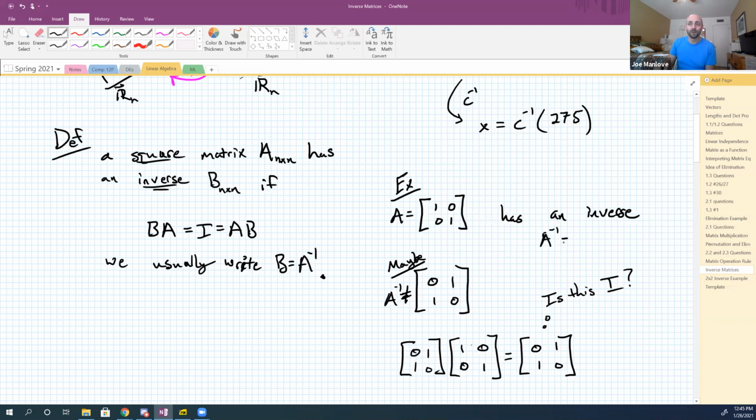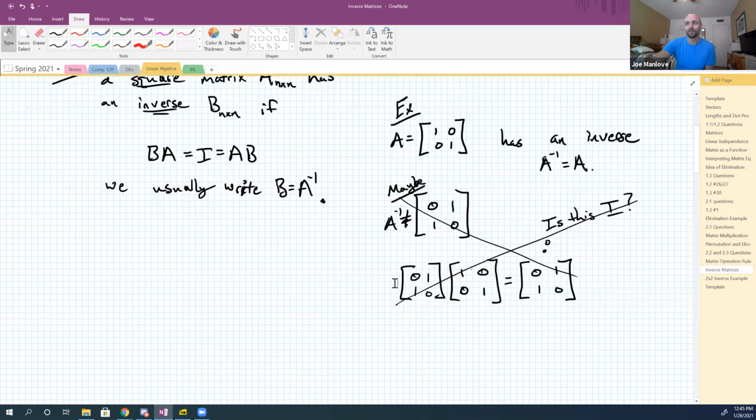So this is a weird matrix where A inverse is A. You guys see that? Kind of with me? Maybe not. Okay.